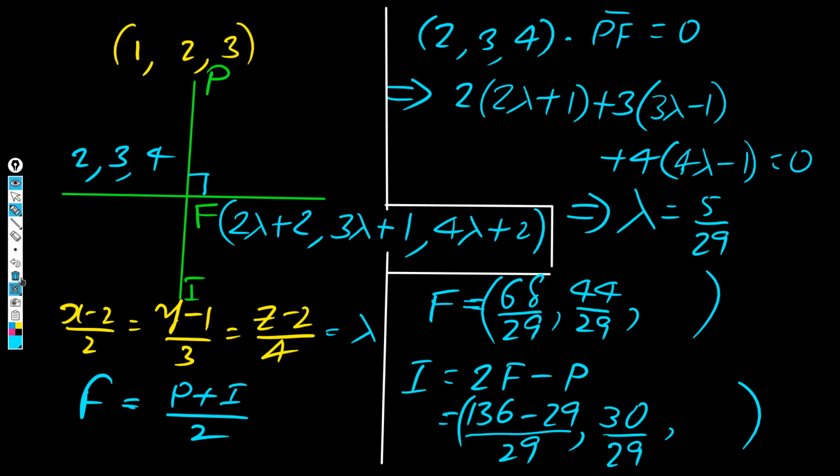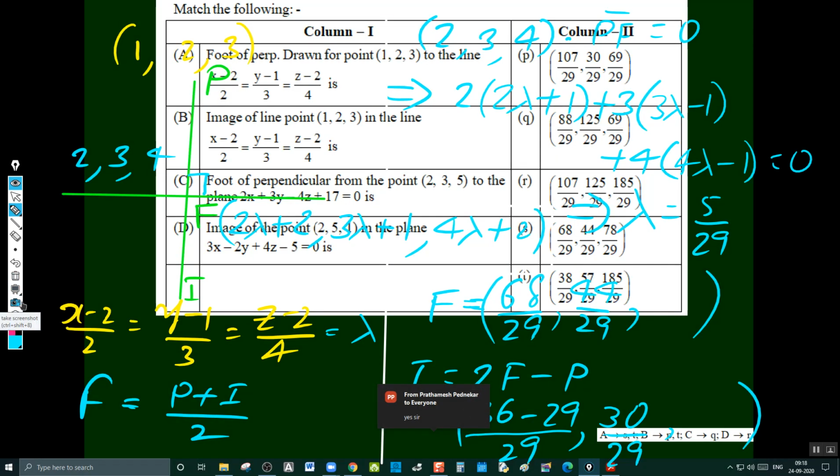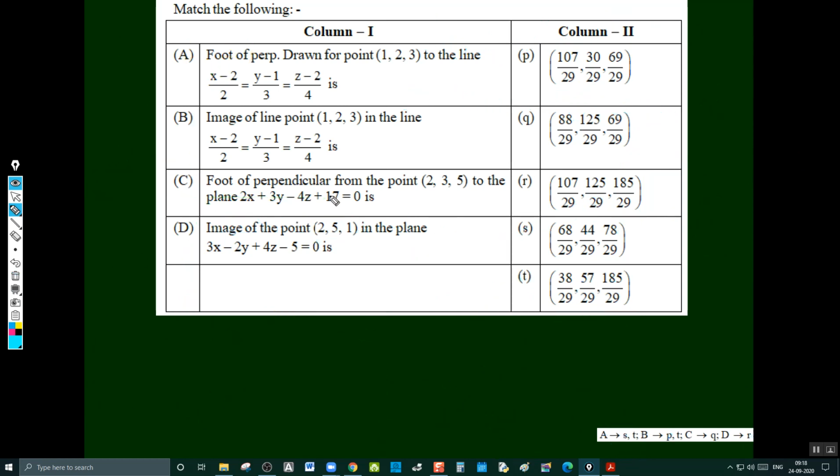So, this is now the difference from the previous problem, that is A and B, C and D. Whatever concepts you have learned in 2D straight line can be straight away transformed to the plane. Here, this is different. Here, you have to find out the foot on the plane.